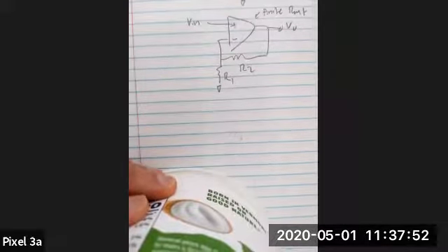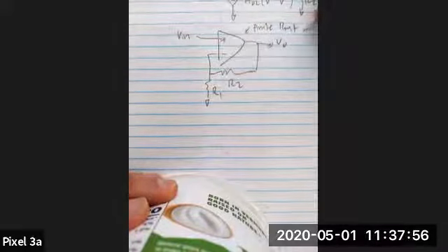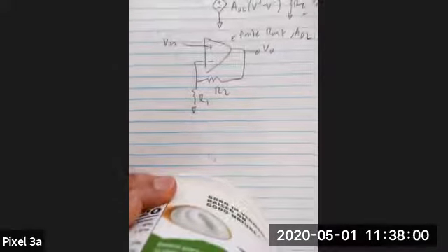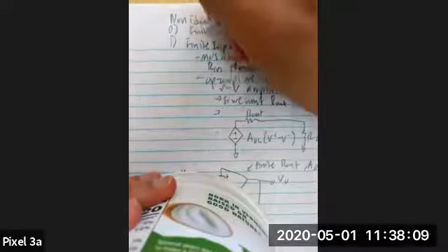The other consideration is that it has finite R out and it has finite open loop gain. This isn't actually something that I mentioned as a non-ideality, so maybe I should put that as a zeroth non-ideality: finite open loop gain.